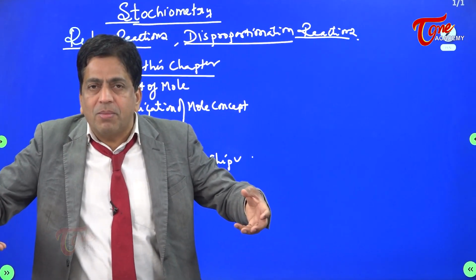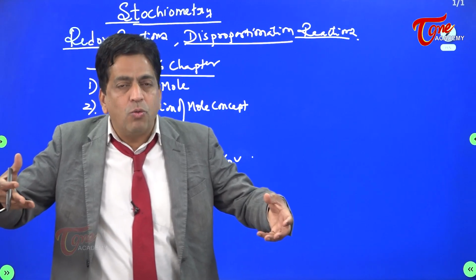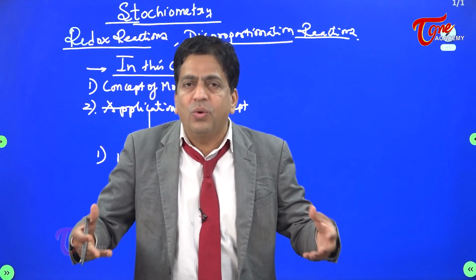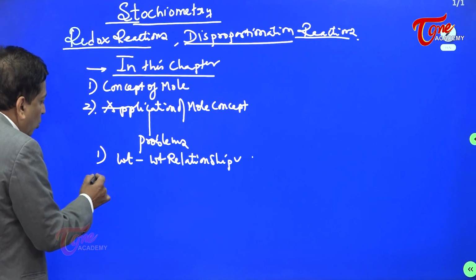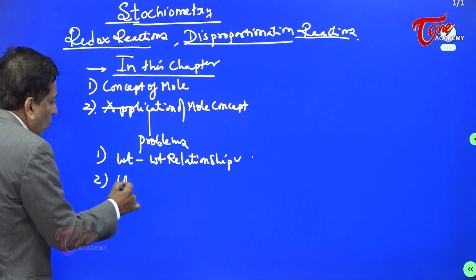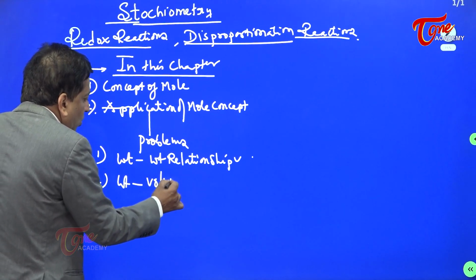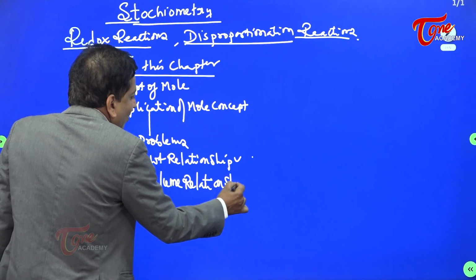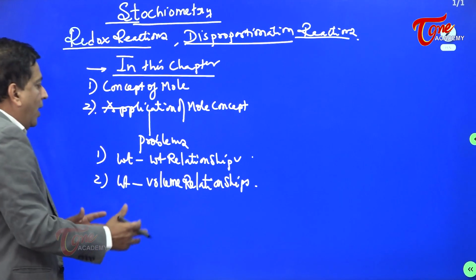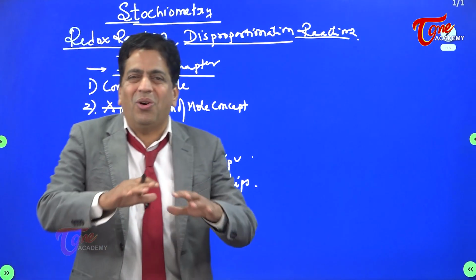Such a relationship in a balanced equation between weight and weight can be called a weight-weight relationship problem, right? And you can have even weight-volume relationships, right? So you can have problems where they're broadly classified.